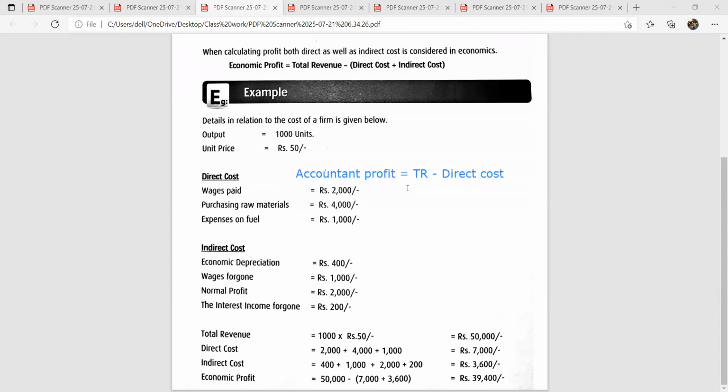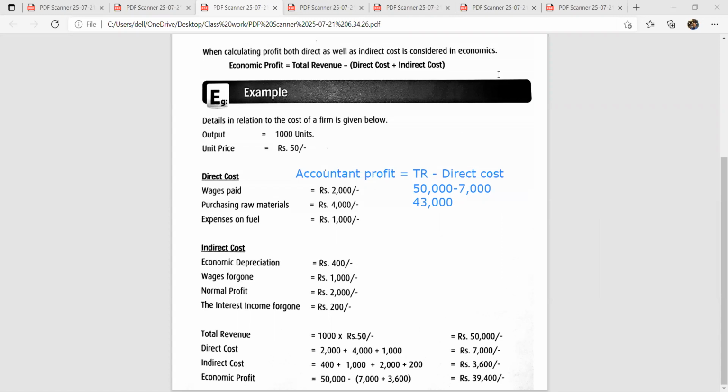So the total revenue is 50,000. Direct cost is 7,000 only. Then the 43,000 is the accountant profit.